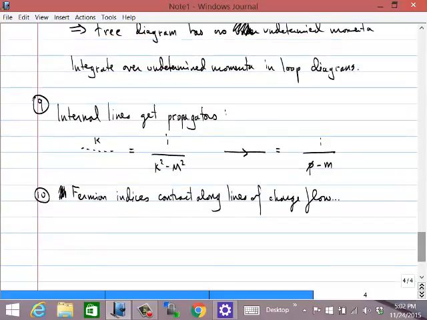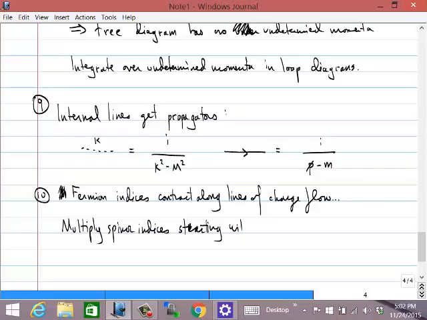In particular, what that means is that we need to multiply spinor indices by starting with a U bar or a V bar and following the lines, following the little charge arrows until we get a U or a V.